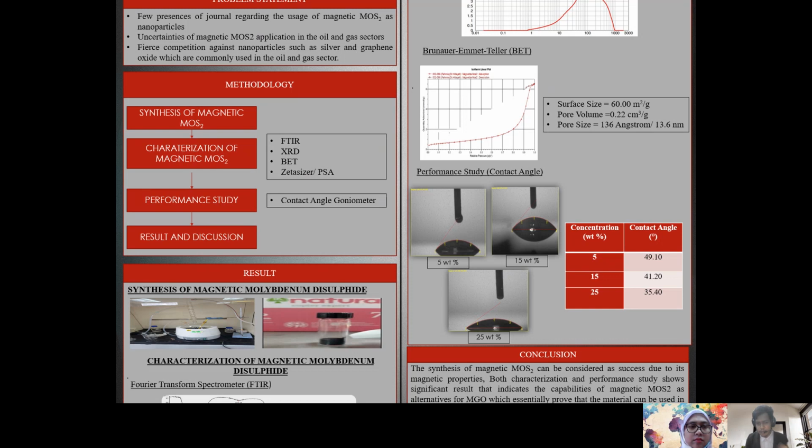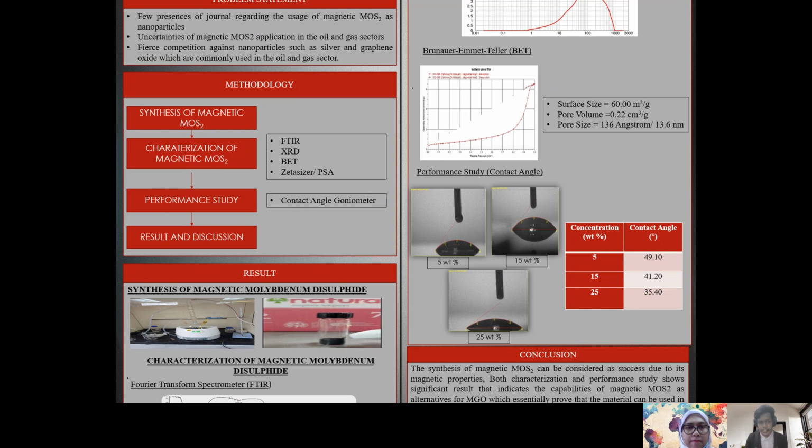It is followed by the 50% concentration, slightly lower than the first one, 41.2, and the last concentration is 25%, the lowest, which exhibits the lowest contact angle, 35.4. From this, we can determine that a higher concentration of nanofluid or nanoparticles will affect the wettability alteration.